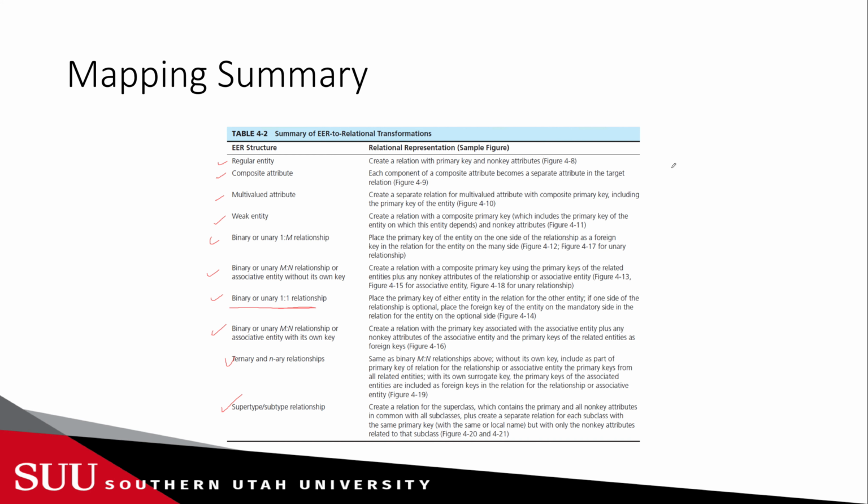So this is going to be just a summary for all the mapping that you need to transform from ERD into relational model. And again, transforming from ERD to relational model is just following the rules, nothing else, nothing more, nothing less.